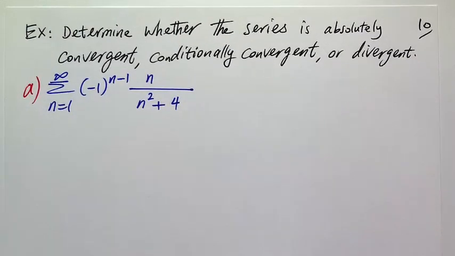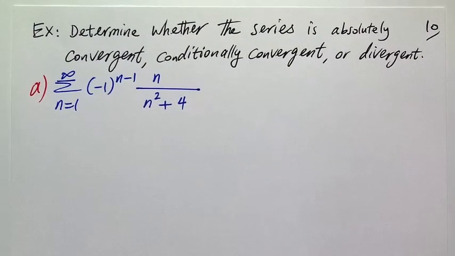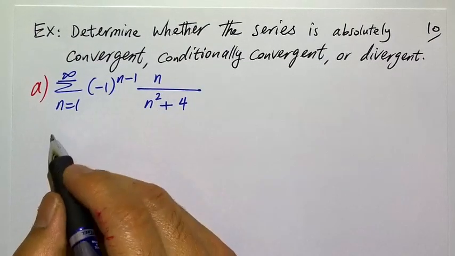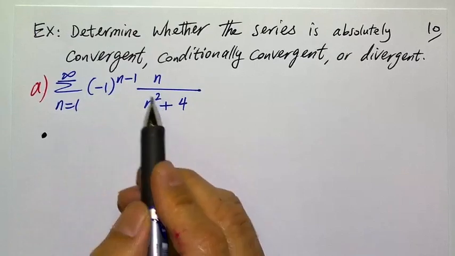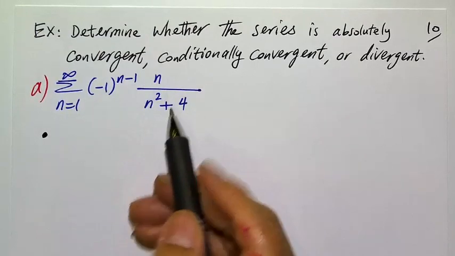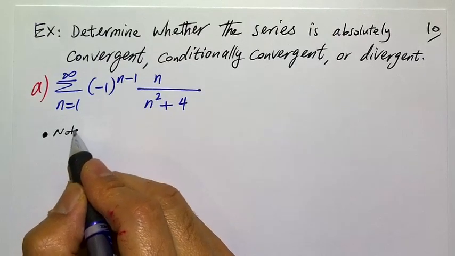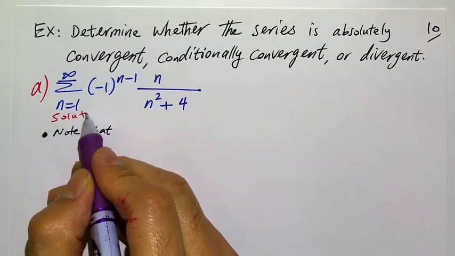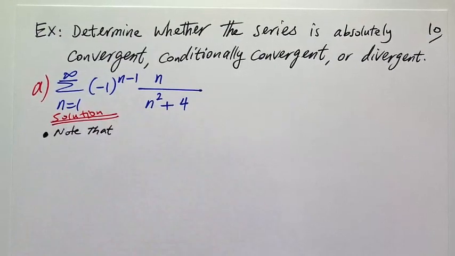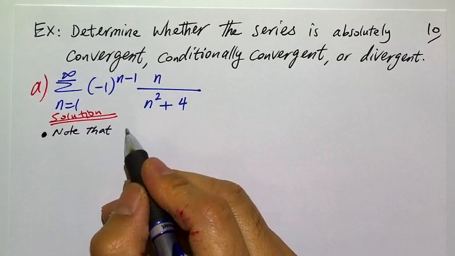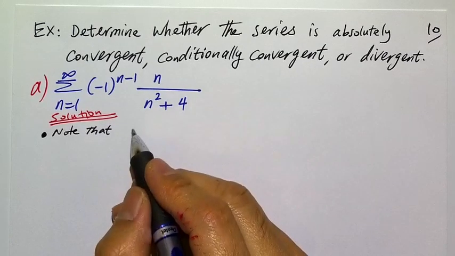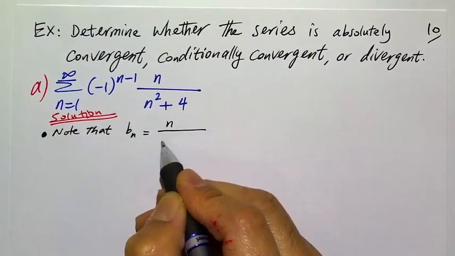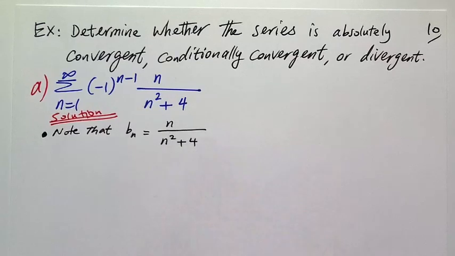Notice that this is an alternating series, right? So this is our bn. By the way, this is where the solution starts. Note that bn is equal to n over n squared plus 4.